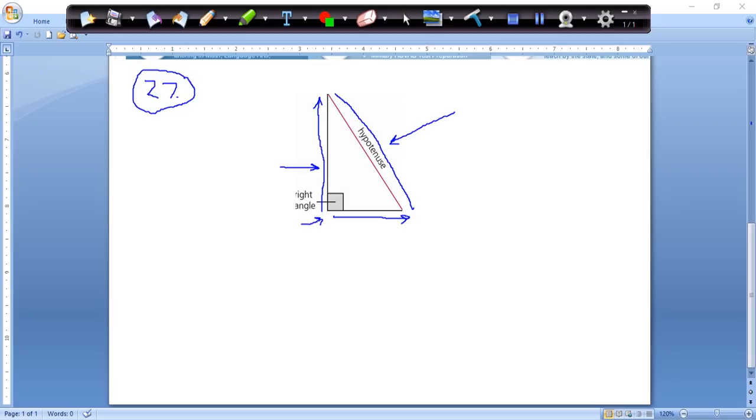Okay, so what we're going to do is use the Pythagorean theorem. Let me write that out for you, which says a squared plus b squared equals c squared.